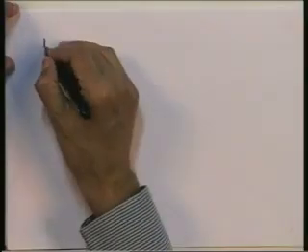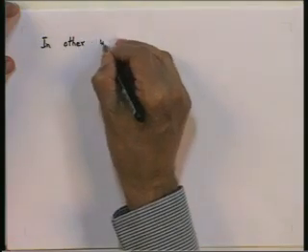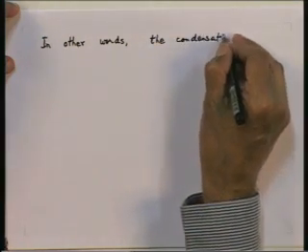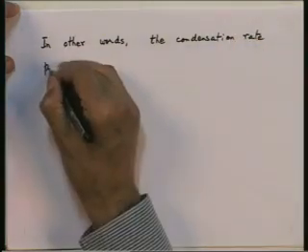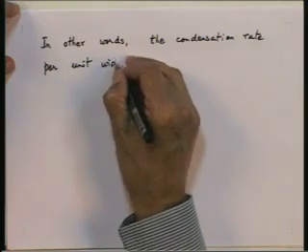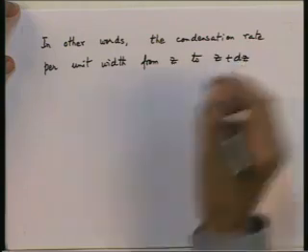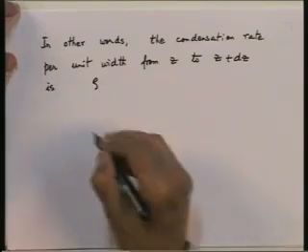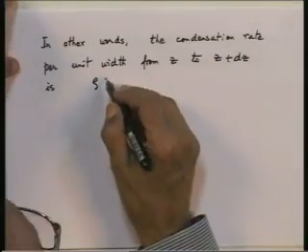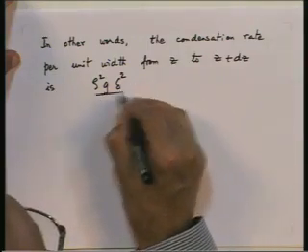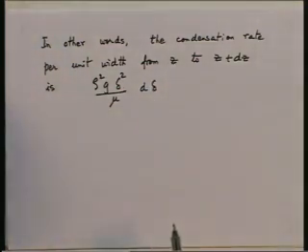Let me write that down. In other words, the condensation rate per unit width from Z to Z plus dz is rho squared g delta squared upon mu into d delta.